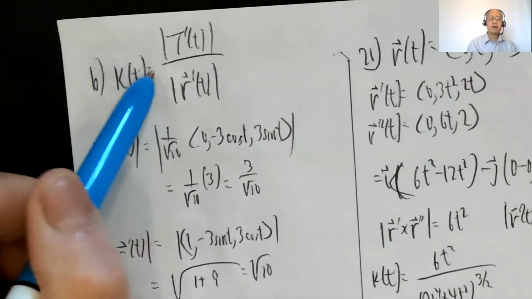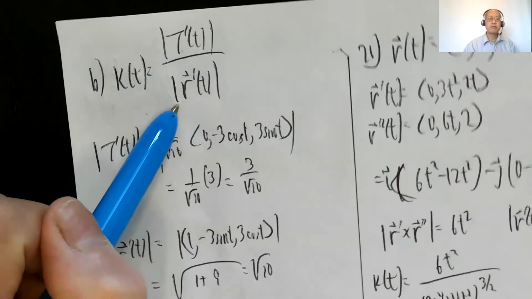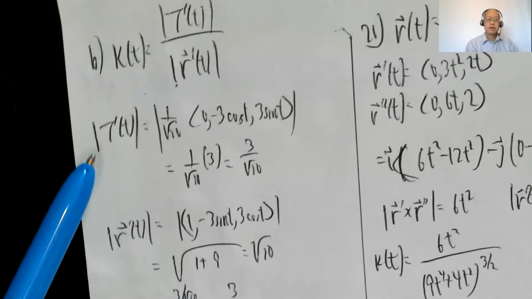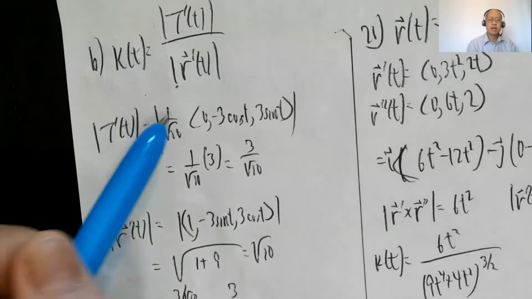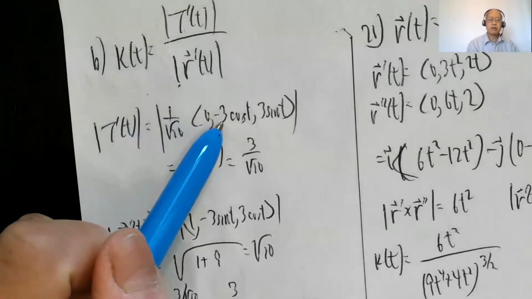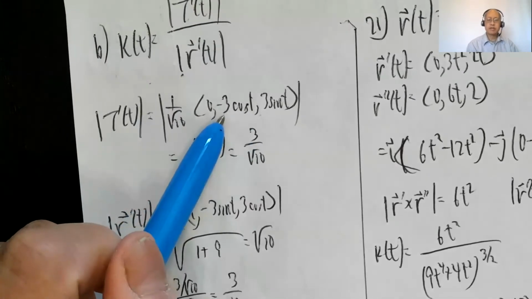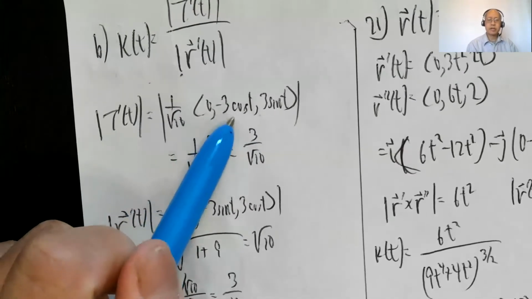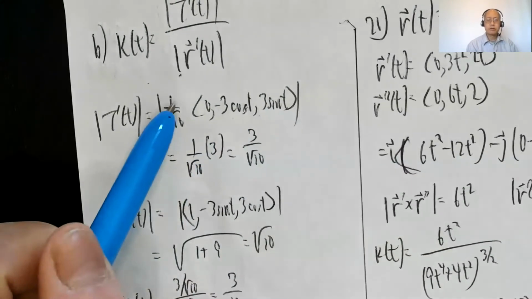Okay, kappa, magnitude of T prime over magnitude of r prime. So magnitude of T prime is 1 over radical 10 times 0, negative 3 cosine t, negative 3 sine t. Remember, this was 3, right? It was 9 cosine squared plus 9 sine squared, which is 9, whose square root is 3.